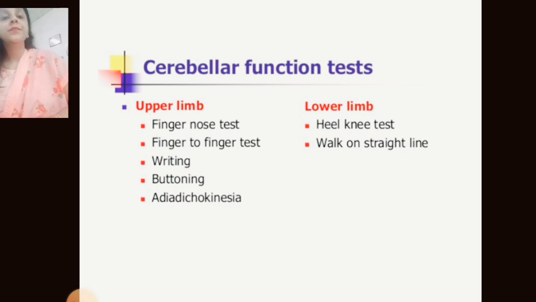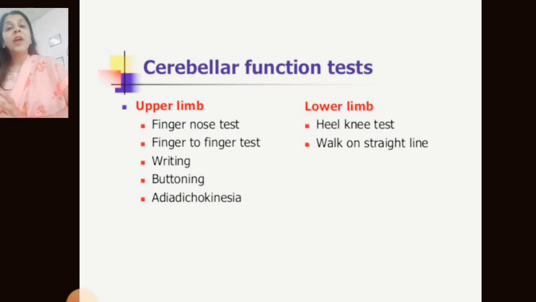So viewers, in the last session we learned about the function of the cerebellum, its basic functional anatomy, and how the cerebellum works to maintain motor actions, and its role in maintaining coordination through different parts like the vestibulocerebellum, spinocerebellum and cerebrocerebellum.